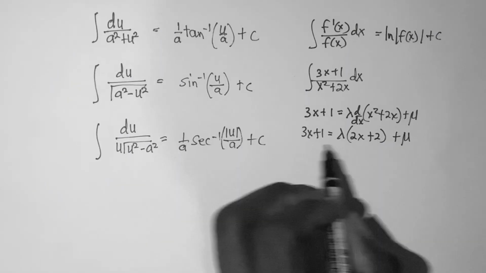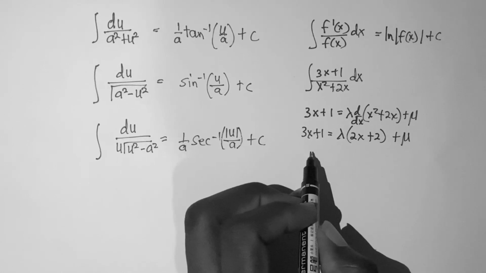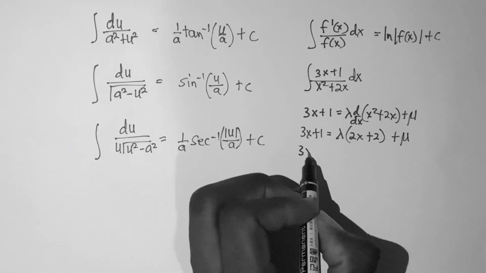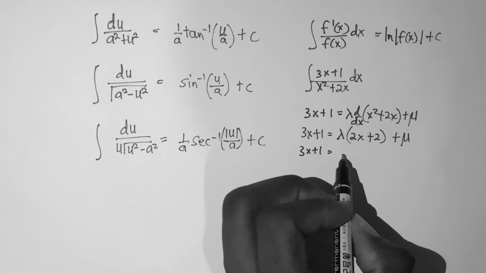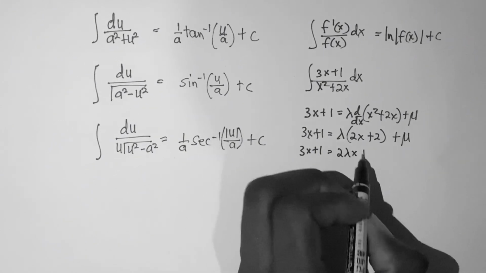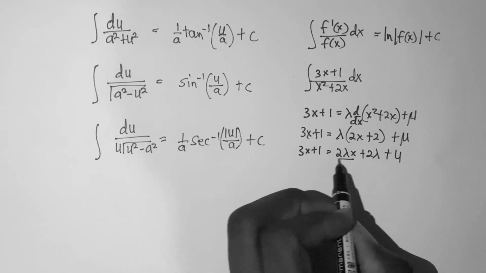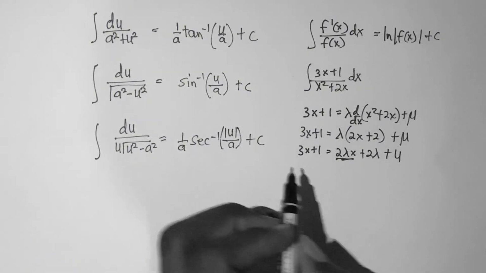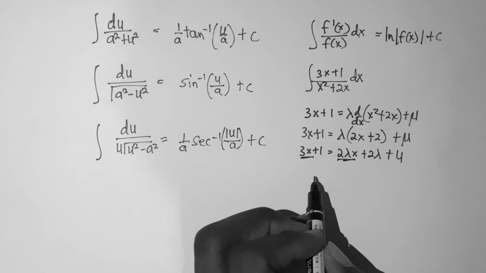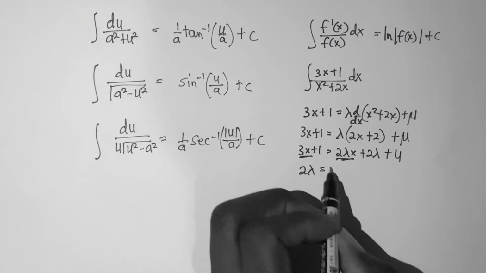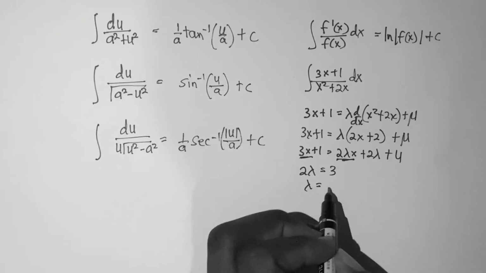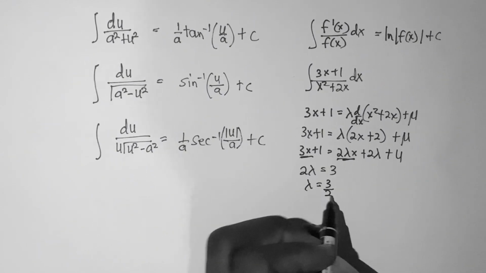So we can then expand this and find the constants lambda and mu. So 3x plus 1 is equal to 2 lambda x plus 2 lambda plus mu. So what it means is that the coefficient of x here is 2 lambda and the coefficient of x here is 3. So 2 lambda is equal to 3, and therefore lambda is equal to 3 over 2.